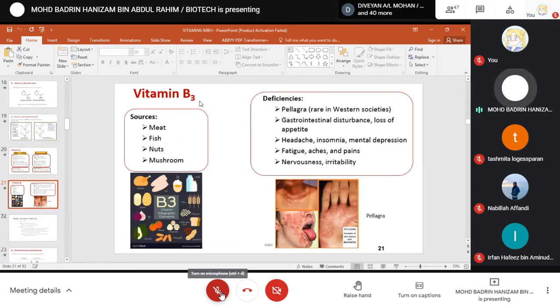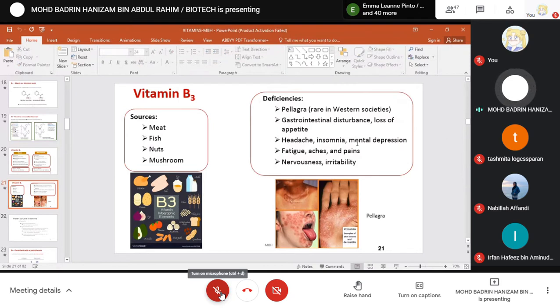Okay, so vitamin B3, where can you get niacin from? From meat, same as vitamin B1 and B2, and also fish, nuts, and mushrooms. Deficiency can cause pellagra, gastrointestinal disturbance, loss of appetite, headache. Headaches are normally caused by not enough oxygen in your body.